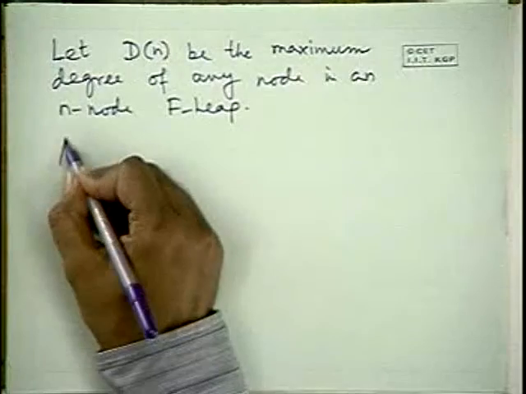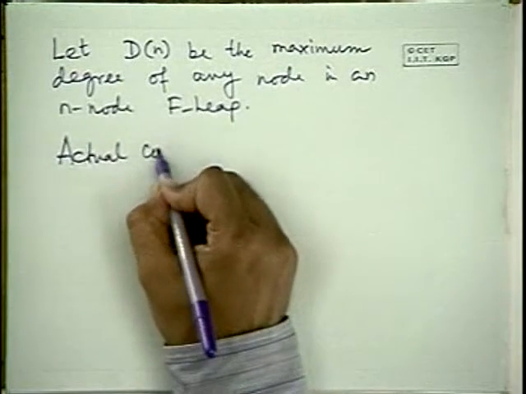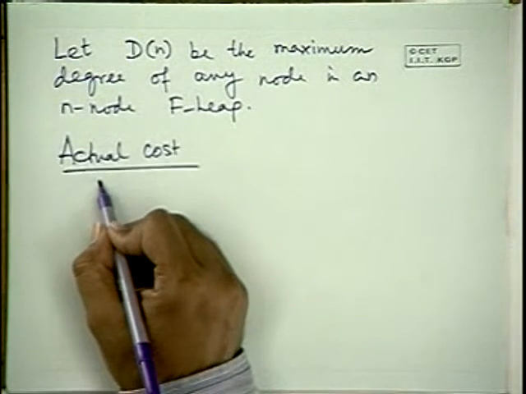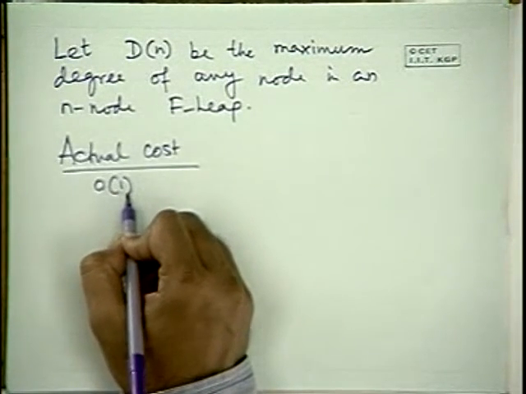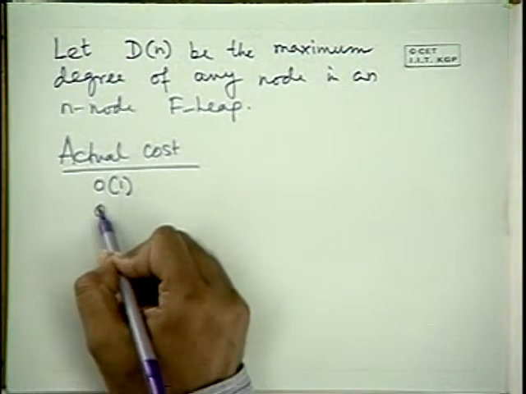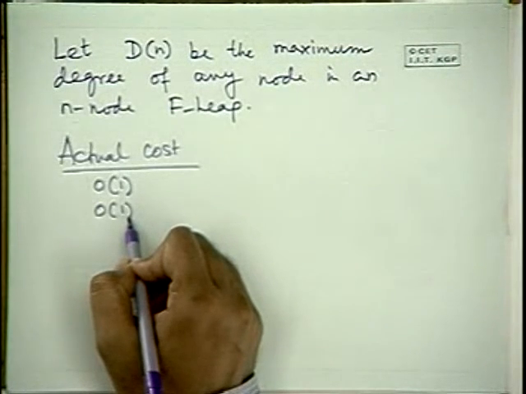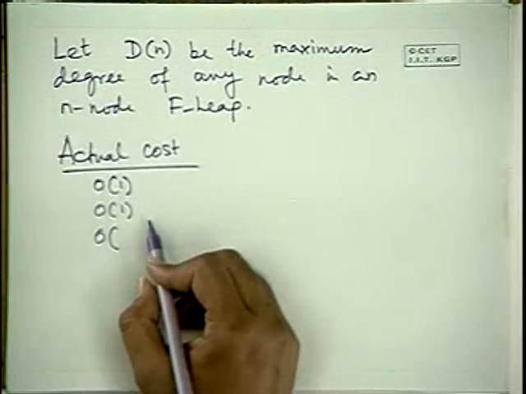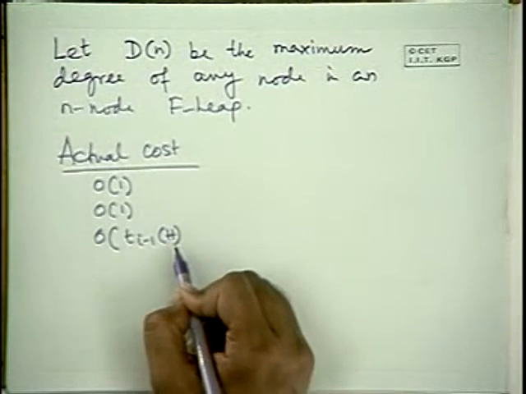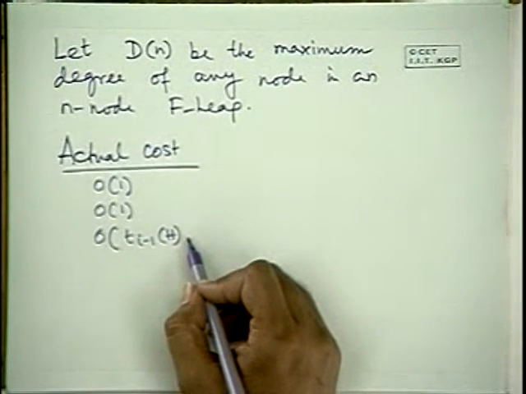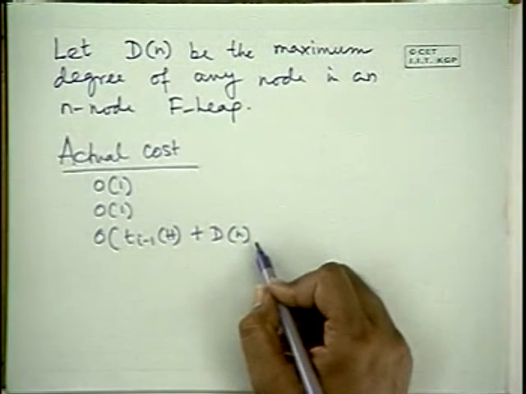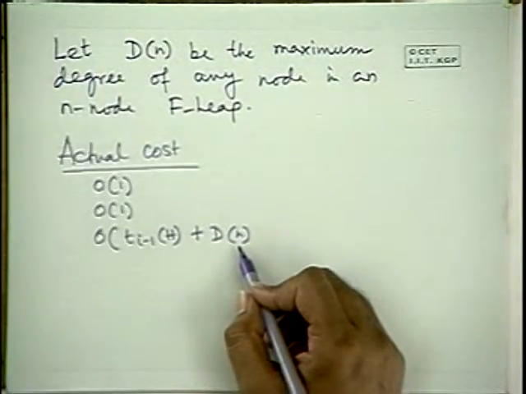So let us see. First of all, what is our actual cost? Step 1: how much cost does it take? Order of 1. That is, removing the node containing the minimum key. Step 2 was again order of 1, merging two cycles. Then step 3, how much time does it take? It is Ti minus 1 of h, the number of root nodes before the operation, plus dn, because dn bounds the number of nodes in the children cycle of that node.